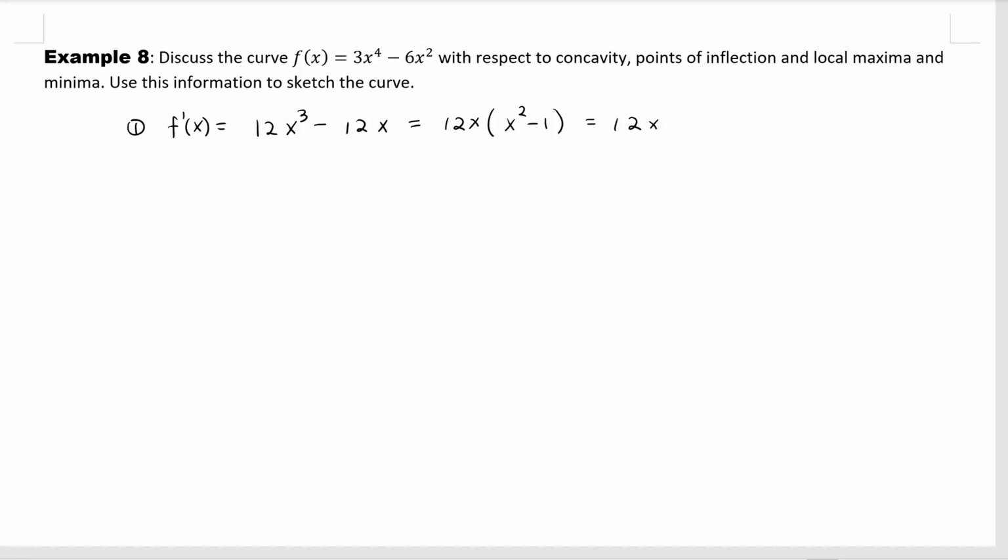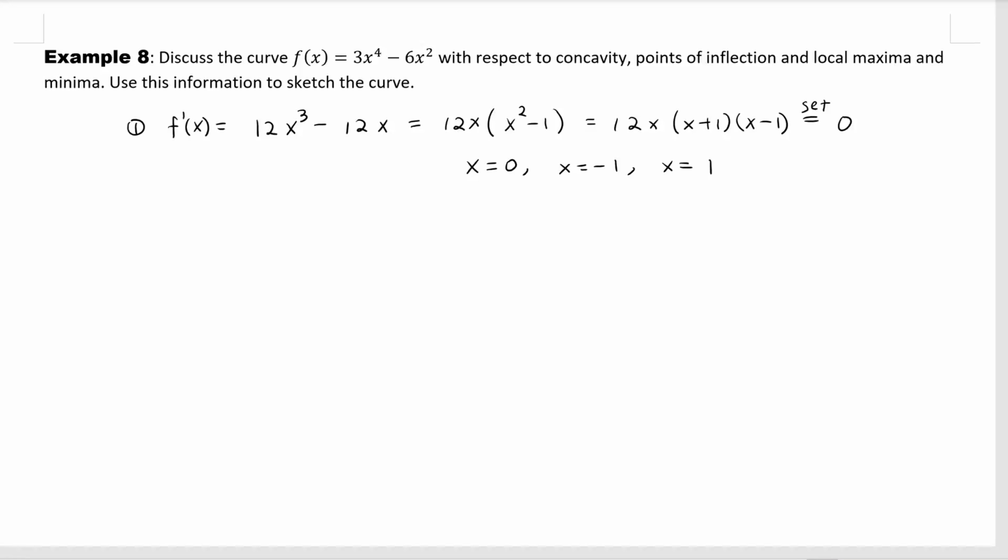So that's 12x, and we factor that completely, so that is x plus 1, x minus 1. Okay, it's polynomial, so we set it equal to 0. If it's like a quotient, you also need to set the numerator 0 and the denominator 0, okay, to find the critical points. And here we get the roots are x is 0, x is minus 1, x equals 1.